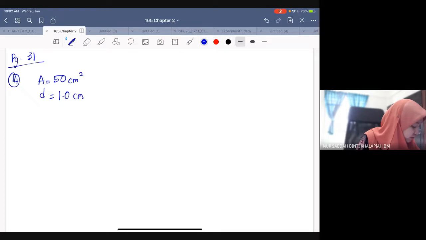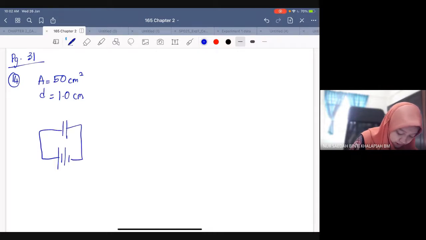Lepas tu dia kata a potential difference 200 volt applied across the plates with no dielectrics present. So maksudnya kita ada power supply dengan kapasitor. Waktu tu kapasitor kita memang tengah kosong. So V0 adalah 200 volt.